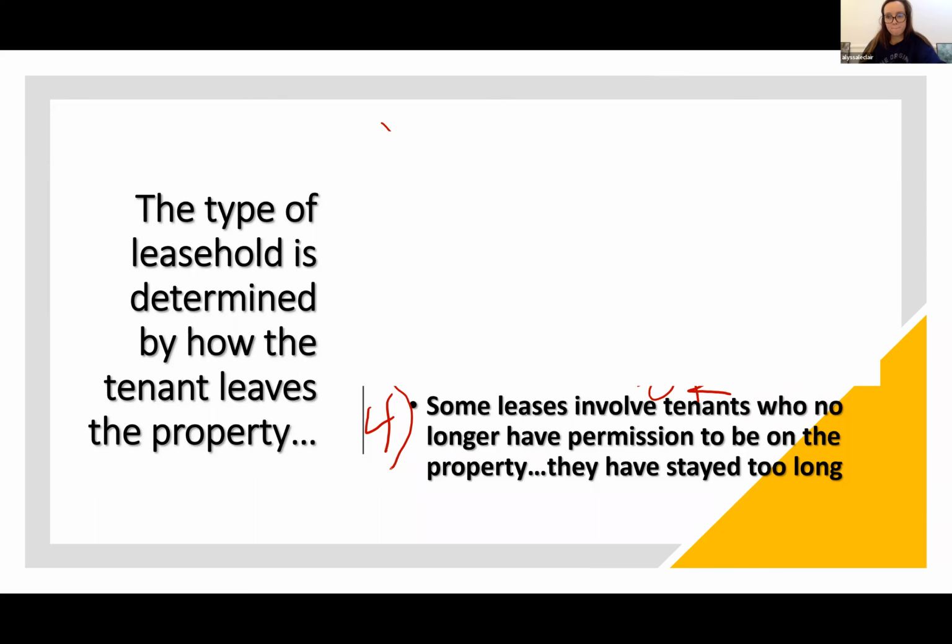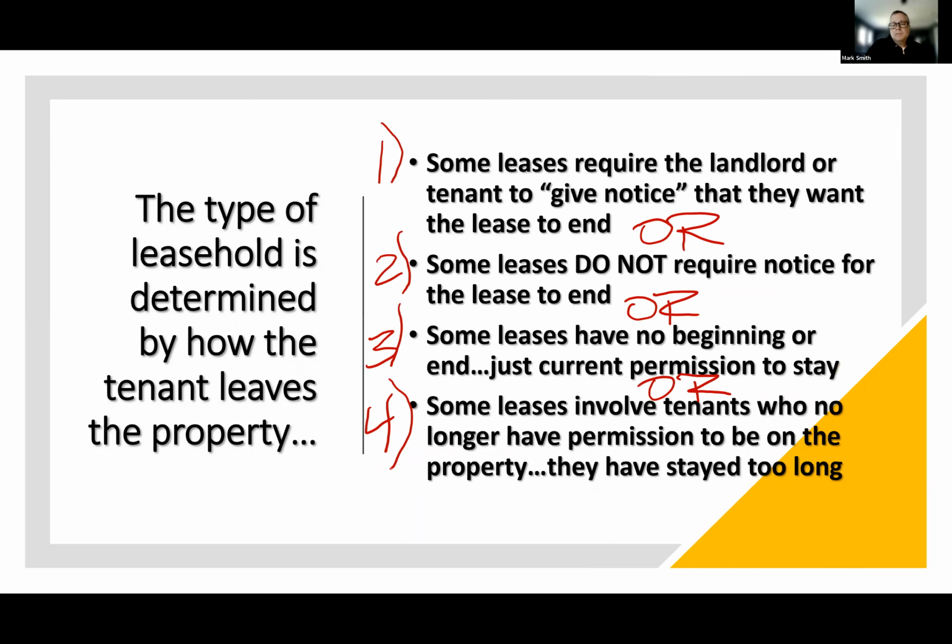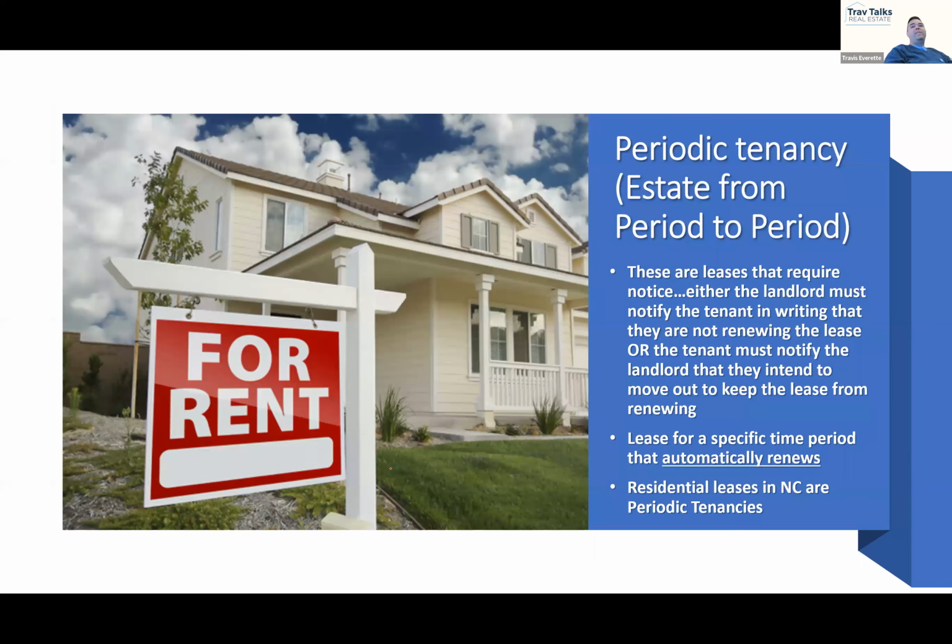Now, this is what Travis and Leslie were joking about on Wednesday that I had with my previous landlord. Exactly. That there are certain situations where the tenant is supposed to have vacated the property and they don't, and that becomes a different type of lease altogether, a different type. Watch Judge Judy. She deals with this all the time. That's exactly right. That's it. So let's put some names with these.